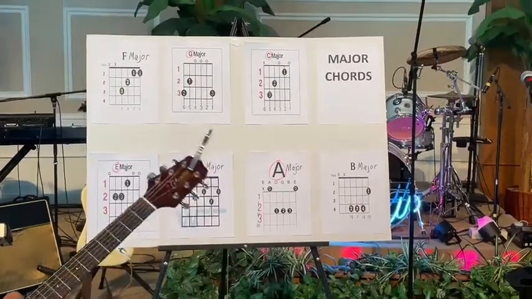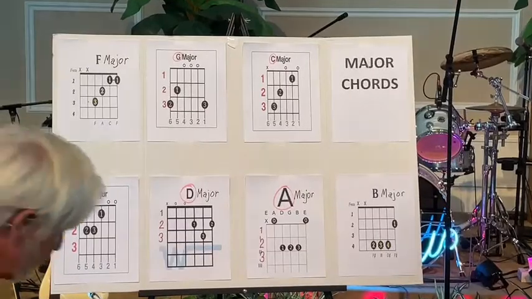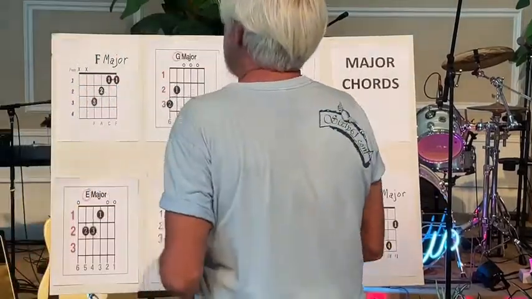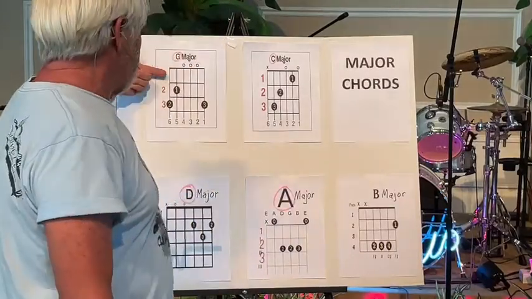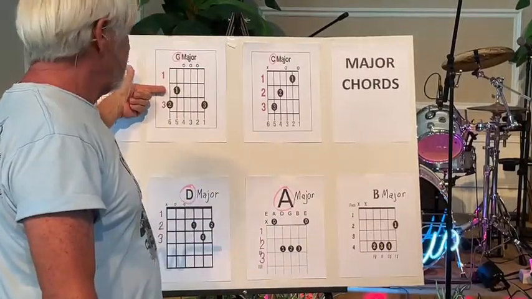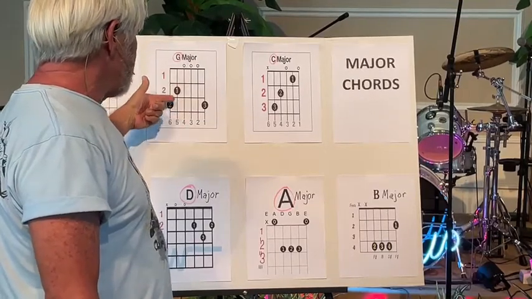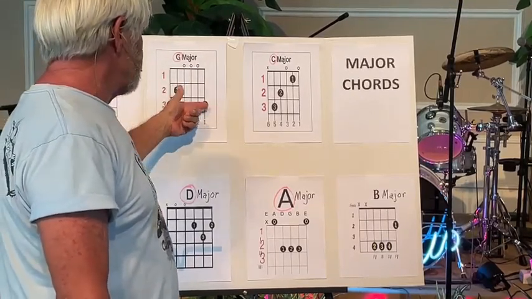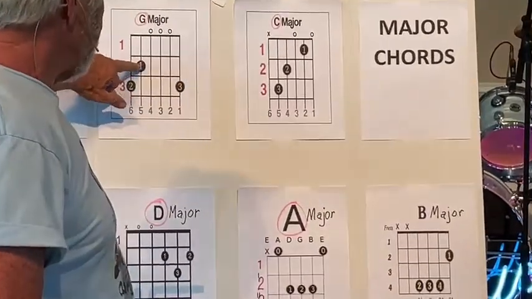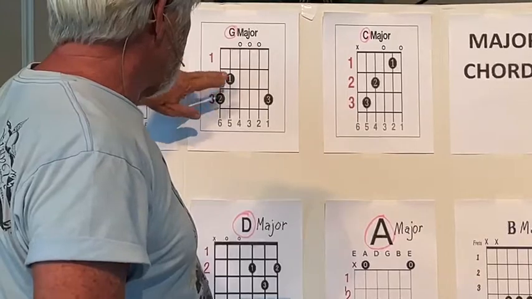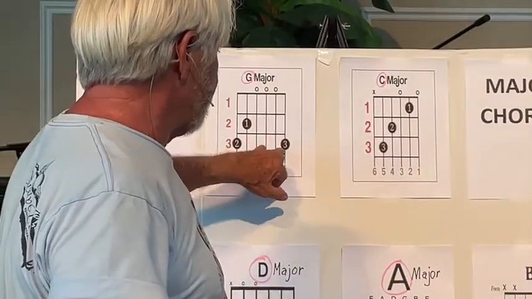And as you look at the chart, let me just point out on the G major. On the G major, you have fret 1, fret 2, fret 3. Now, the numbers on these finger positions, the black dots, are your index finger, your middle finger, and your ring finger.